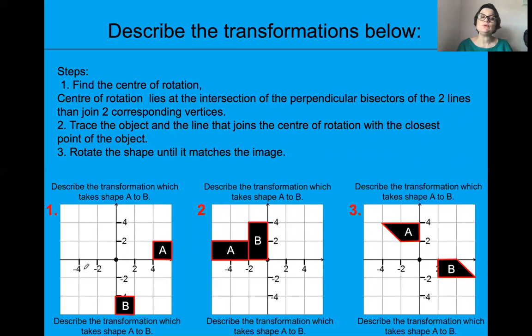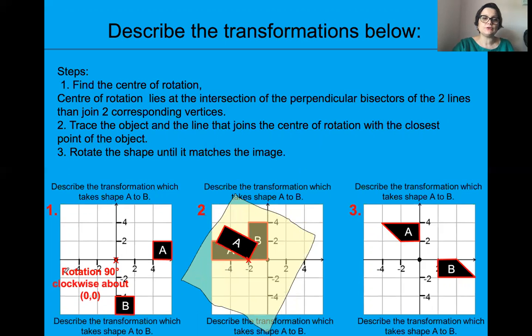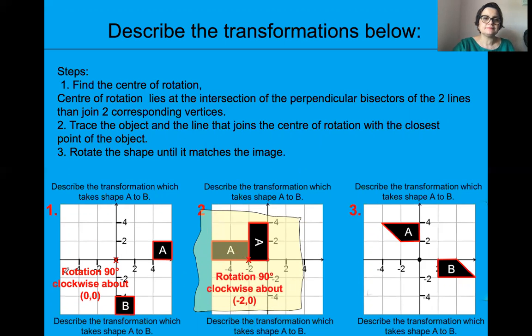So again, if we follow exactly the same steps, we find out that 0, 0 is the center of rotation for the first one, and then we rotate. So it is going to be the rotation for the first one, 90 degrees clockwise about 0, 0. Yes, so this is the 90 degrees angle. And for the second one, let's have a look.